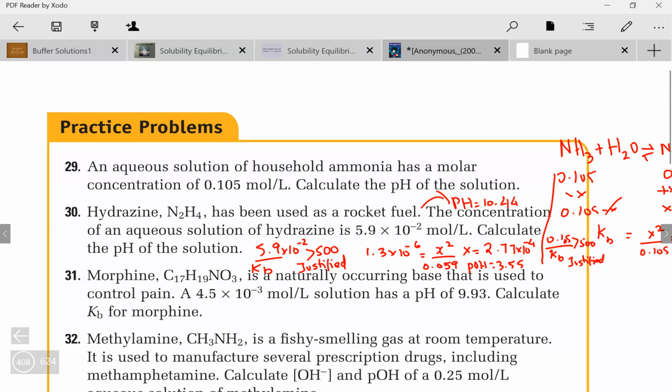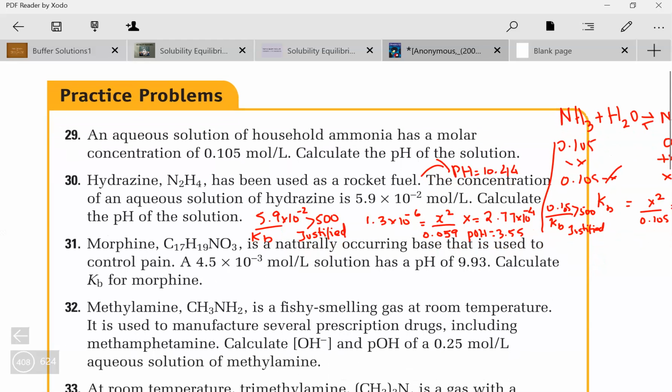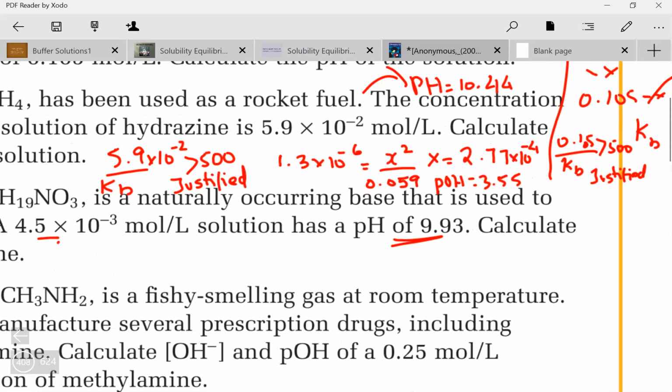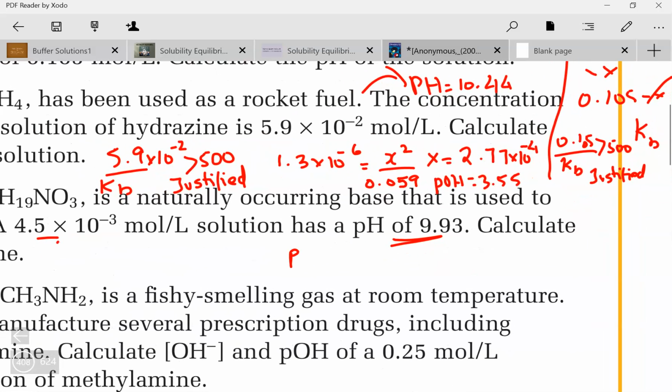So now this question is the other way around. We're given the pH, we have to find KB. So let's do one of those questions. From the pH, I can calculate my pOH, which is 14 minus 9.93, which is 4.07.